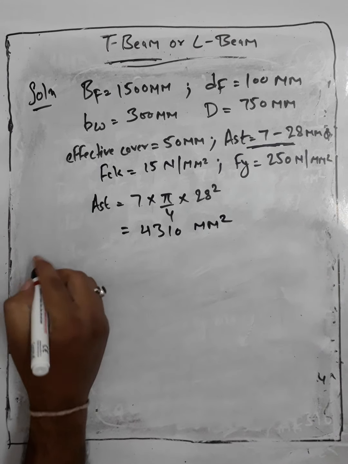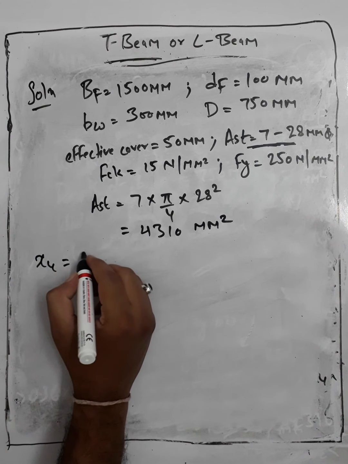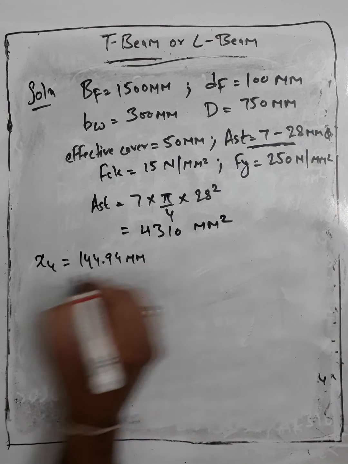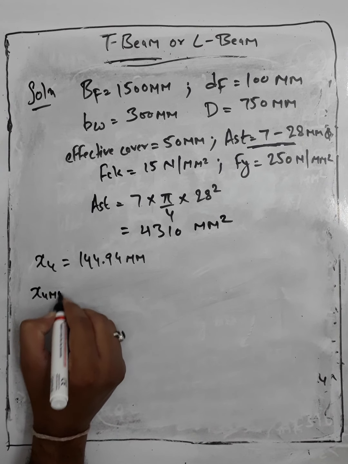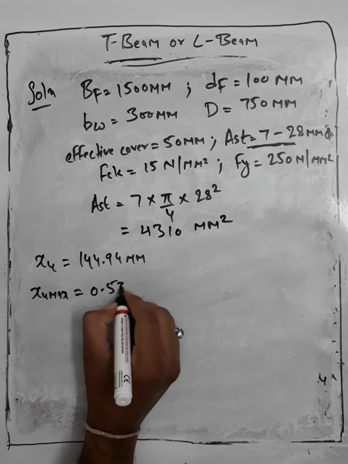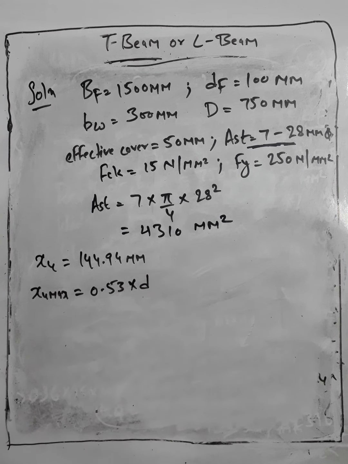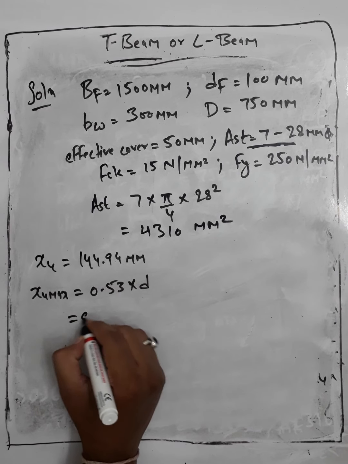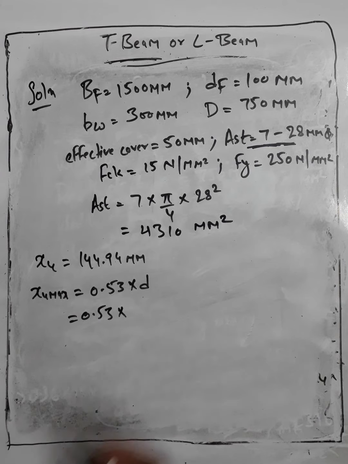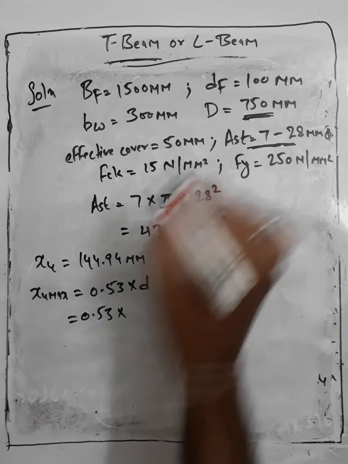Here we got Xu is equal to 144.94 mm. Now Xu max, for Fe250, is equal to 0.53 into d. D is the effective depth, but here we have been given the overall depth.